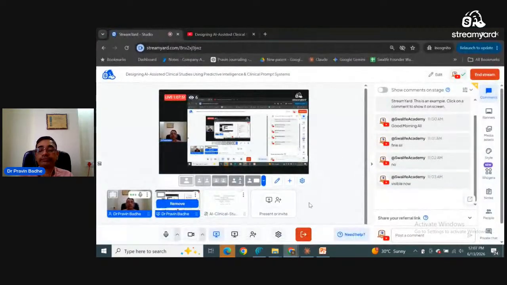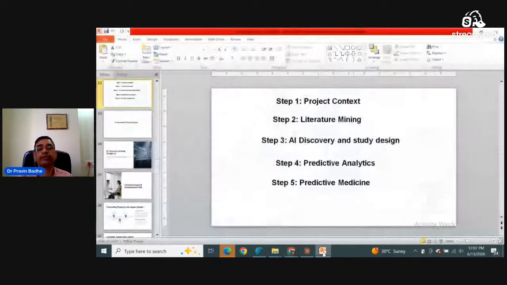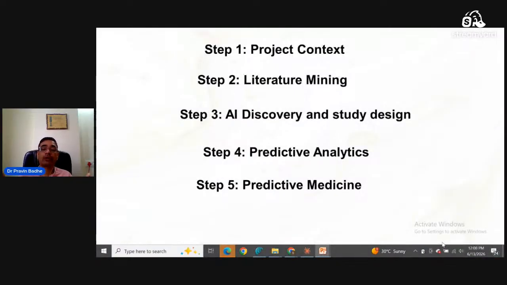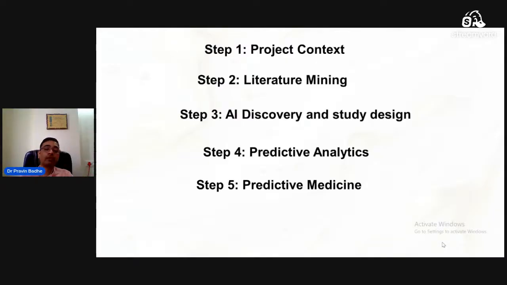Okay, so we finished the first part, that is using predictive intelligence to get the information for clinical research purposes. Now you reach the point where you decide whether to go for preclinical or clinical work.